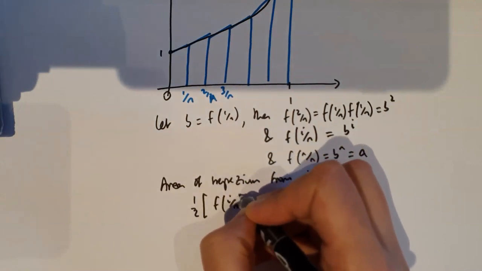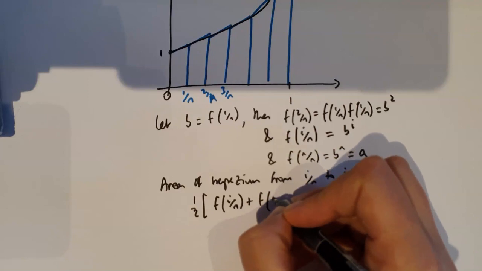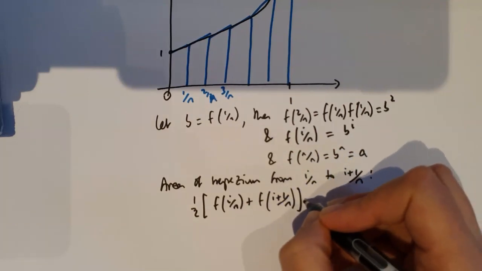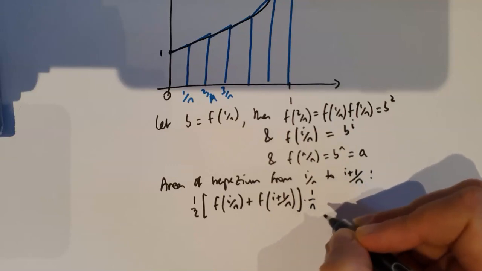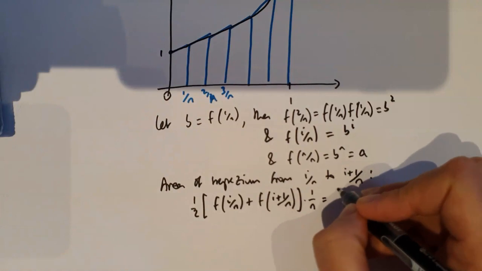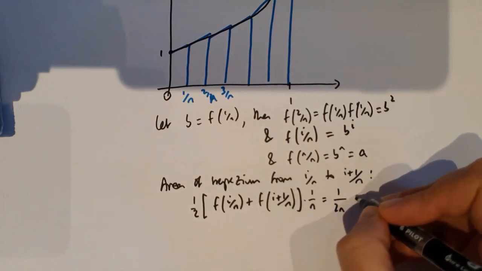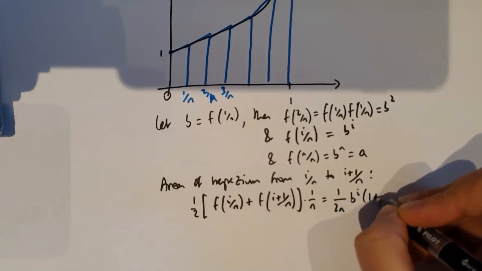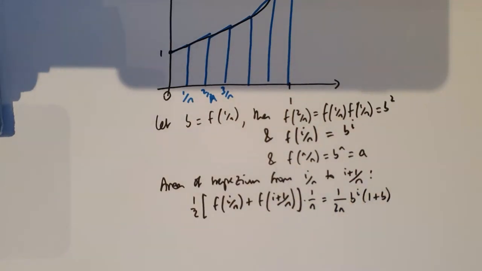So f of i over n plus f of i plus 1 over n, and then the half out the front does the averaging, and then I multiply by the width, which is 1 over n. And we've just said that we can think of this in terms of b, so that's going to be 1 over 2n, and then we're going to get b to the i times 1 plus b, using that relationship.